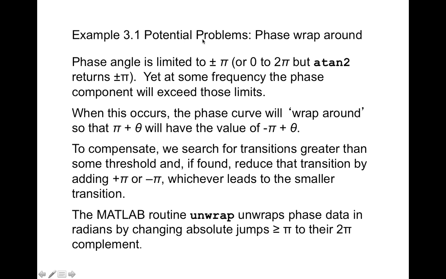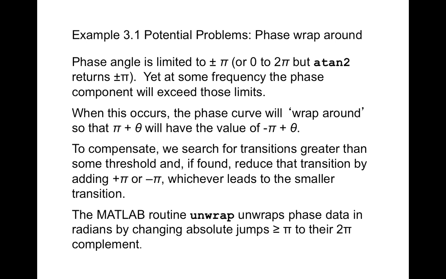The other potential problem is what we call phase wraparound. Now phase angle is limited to plus or minus pi, but at some frequencies the phase will exceed those limits. So what happens is the phase curve wraps around. So you have a phase of pi plus theta or minus pi plus theta. The way we compensate is you look for transitions that are greater than some threshold.